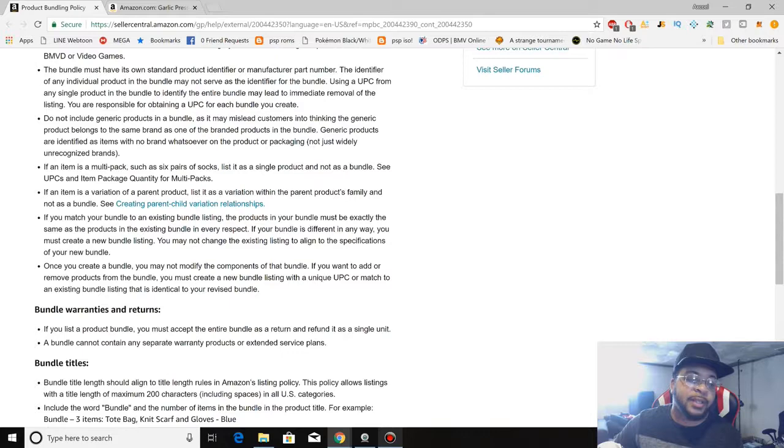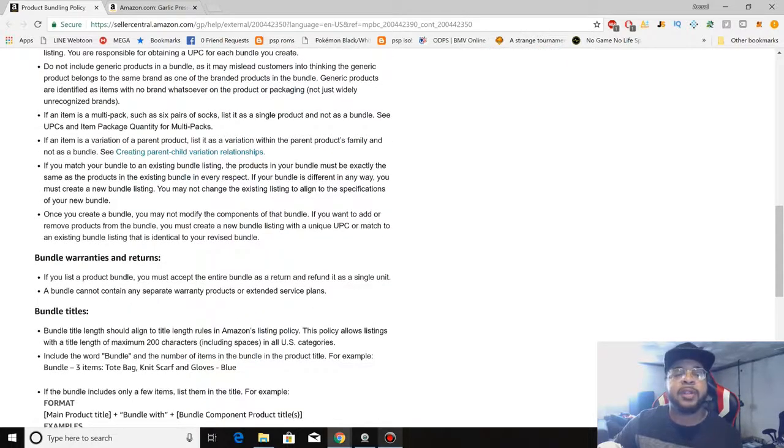Another thing that they say is do not include generic products in the bundle. Now, this specifically pertains to when you are selling name brand stuff. So, for example, if you are selling a Sony camera, you don't want to bundle a generic Chinese video stand alongside it, because people could misconstrue that as a part of their brand, and let's just say this Chinese stand breaks apart.